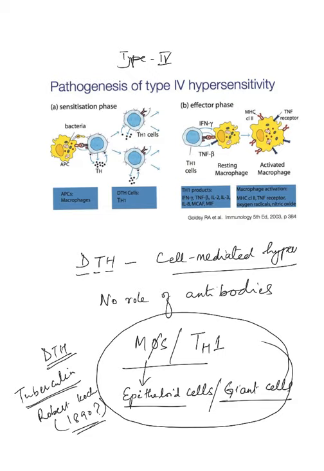He did not use purified protein derivative, but he used the filtrate of Mycobacterium tuberculosis to inject intradermally in persons who were suffering from TB.